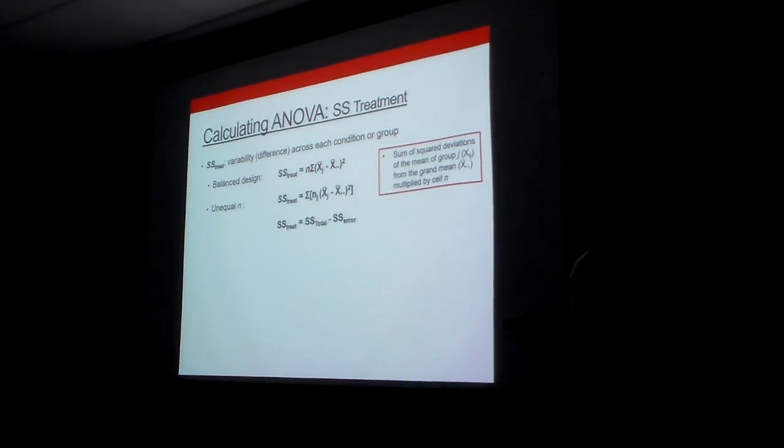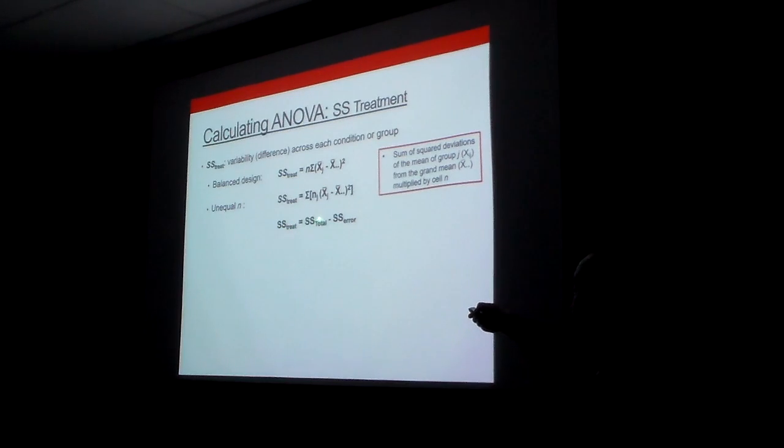If you're doing this by hand, make sure you've got your order of operations correct, right? So you're taking the group mean minus the grand mean, squaring that, and then multiplying it by the number of people in that group, and then taking the second group mean minus the grand mean, squaring that times the number of people in that group, and then adding in the third group, subtracting the grand mean, squaring that times the number of people in that group, and then adding those things together to get your sum of squares treatment.